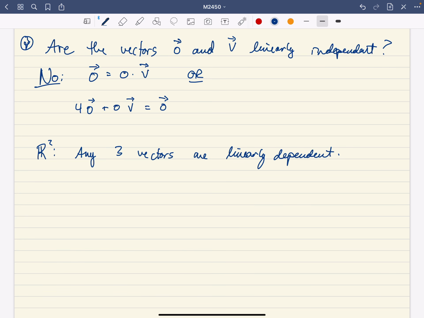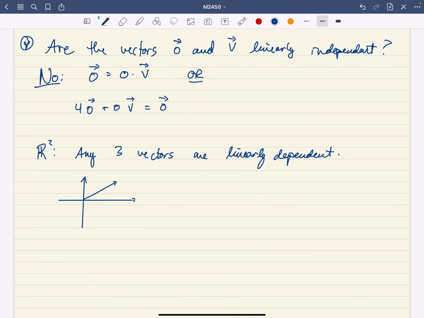That makes sense geometrically if we think about what it means to be linearly independent. It means that one of the vectors cannot be written as a multiple of the other. So this is impossible in R2, and let's just draw a picture to think about this for a second. Let's say we have 2 vectors.